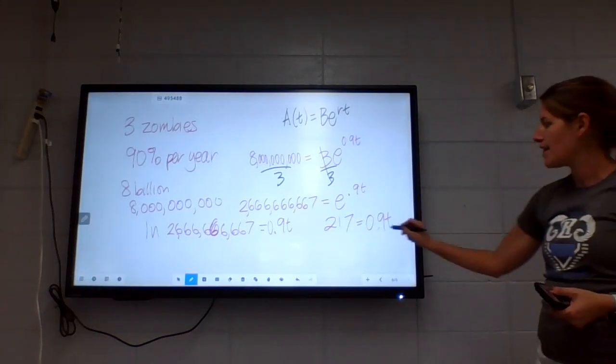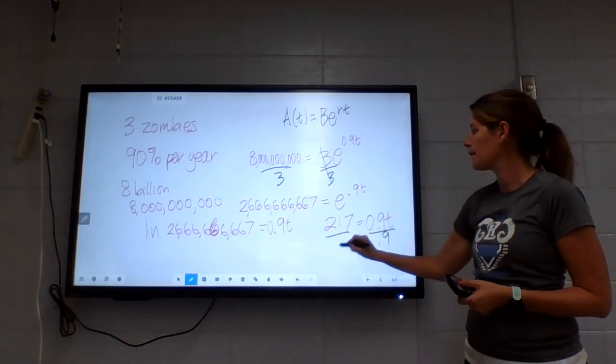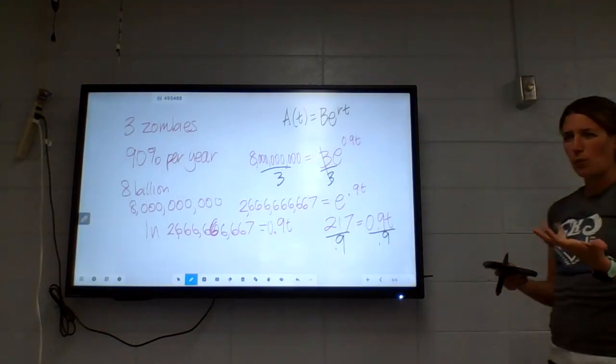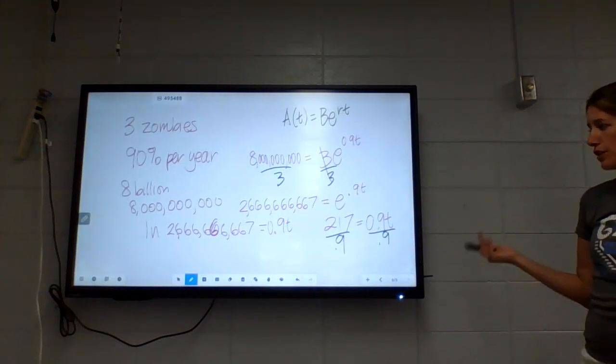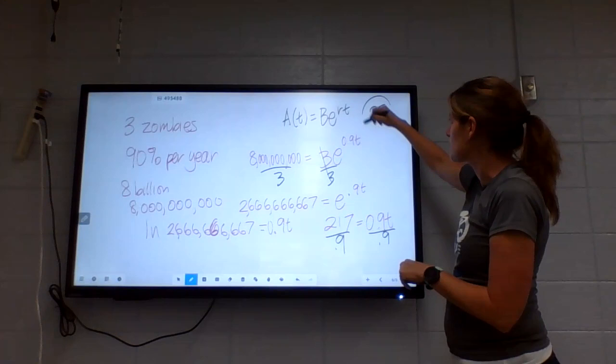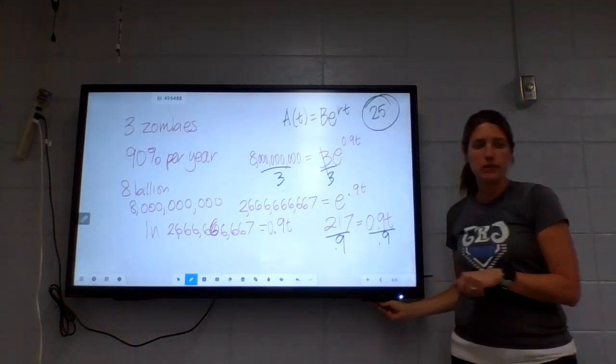And so I divide that by 0.9. This allows me to not have to worry about graphing and going all the way over to 8 billion. I can take that out of it, divide this by 0.9, and I get about 24.1 years. So after like 25 years, we'd be taken over by the zombies that came as 3 and they didn't seem like that big of a deal.